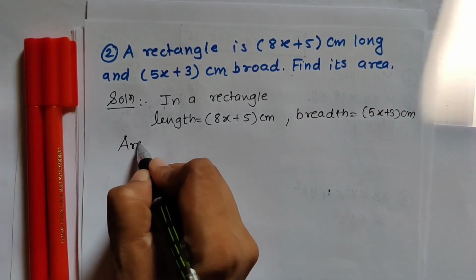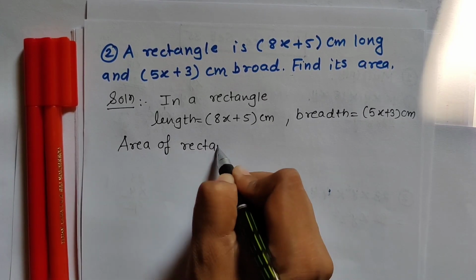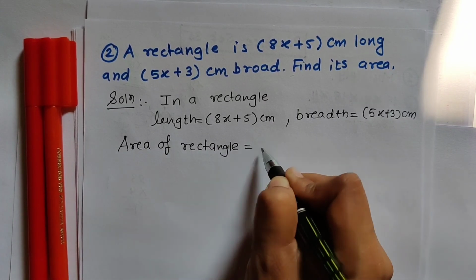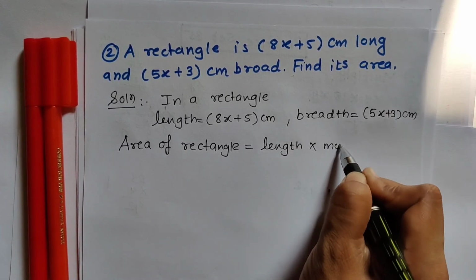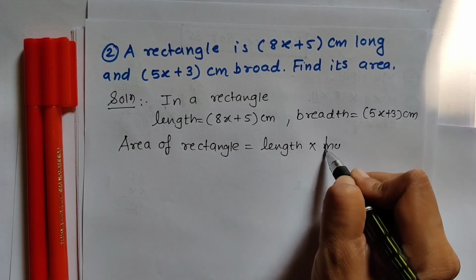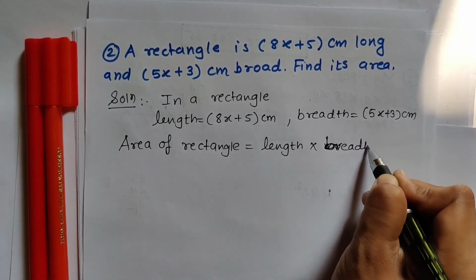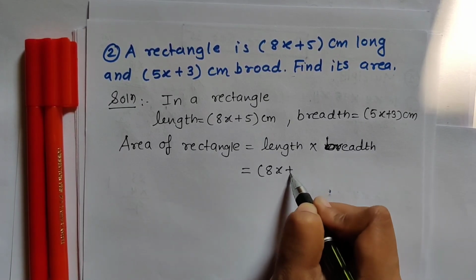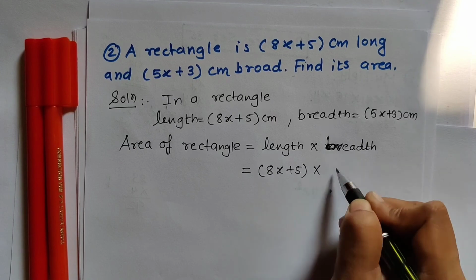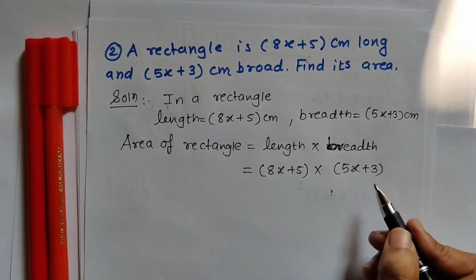What is the formula for the area of a rectangle? We have to write the formula first. Area of rectangle is equal to length multiplied by breadth. We all know the formula. So what is the length? It is 8x plus 5, multiplied by the breadth, 5x plus 3. That means there is a multiplication of two binomials.